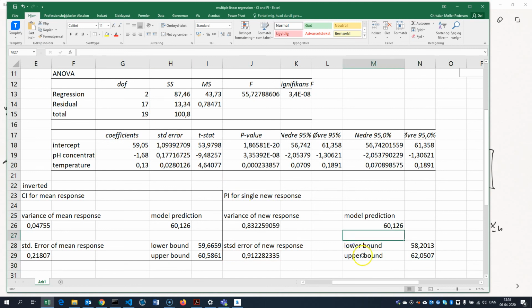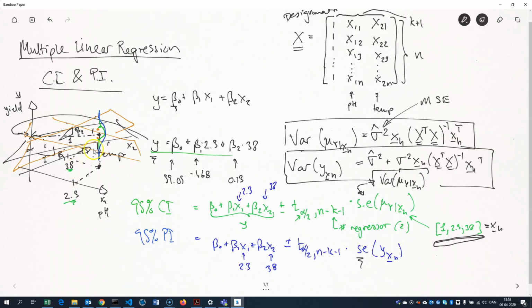So you see the prediction interval is much wider than the confidence interval for the mean response. So 58 and 62. So what we're saying here is that if we conduct this experiment at pH 2.3 and temperature 38, then the outcome, the yield, the response, generally speaking, will be somewhere in between 58 and 62.